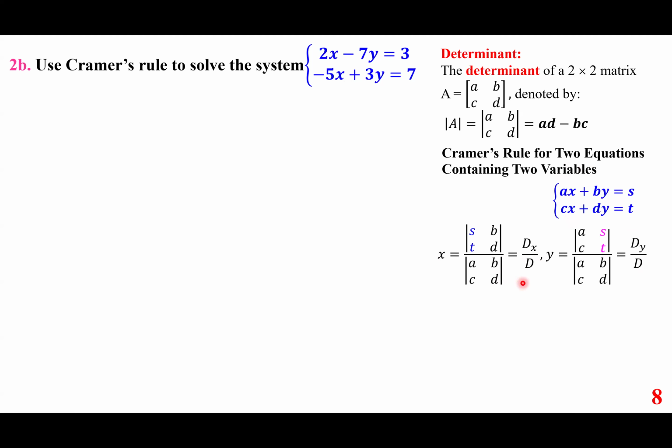D, the denominator, is the D matrix. Now for X, the X column, A and C change to the solution column, S, T. For Y, the second column changes to S, T. So pay attention to the way it works. It's very straightforward, everybody.